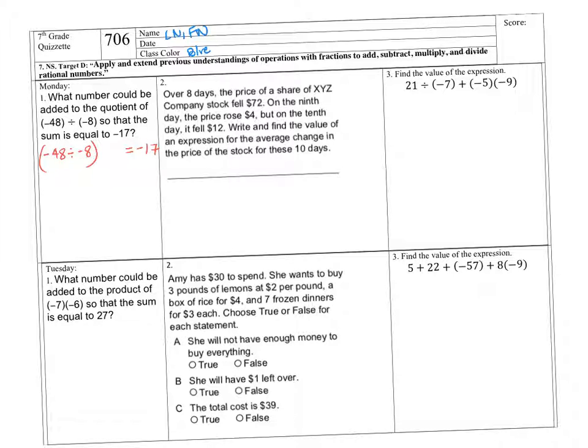So in this case, our mystery number, we can use a variable to represent it, which could be just x, y, z, b, f, k. It doesn't matter. So I'm just going to use x because most kids like to use the letter x. So x is that mystery number that needs to get added to the quotient negative 48 divided by negative 8 to get you negative 17.